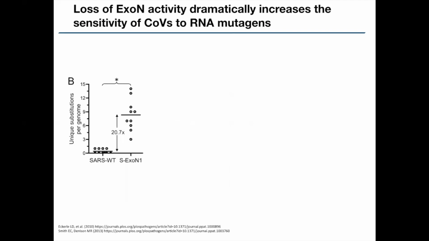So indeed, in SARS coronavirus, if this exonuclease gene is mutated and the number of substitutions or mutations that occur during replication of this virus are measured, you can see from this graph that compared to the wild type virus, there's more than a 20-fold jump in the mutational frequency in the virus lacking this exon activity.